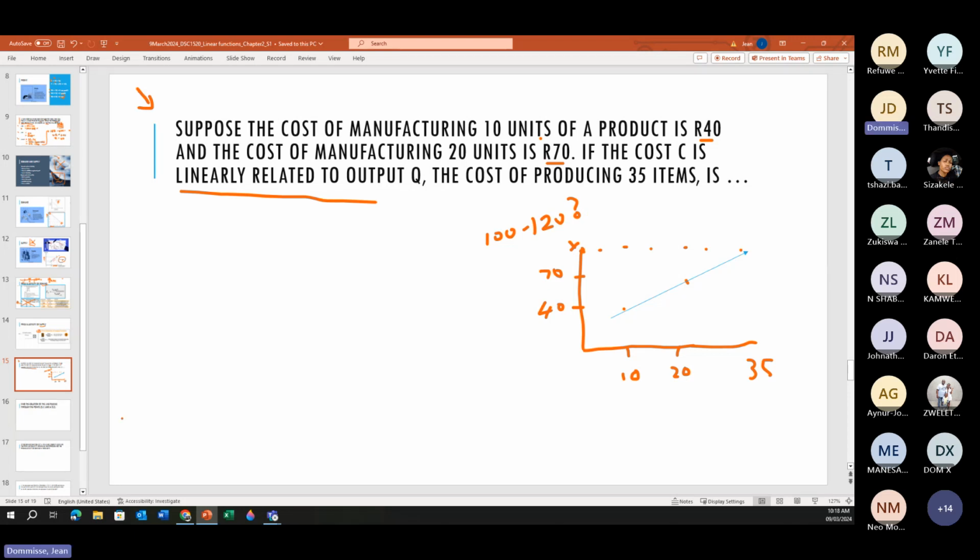So again, when it comes to exam time, if any of your options is less than 70, you will eliminate them because it needs to be more than 70. Even if you just double up and say 20 is 70, you can see this doubles, but that doesn't double. So if you double it up to 40, it should be less than 140.